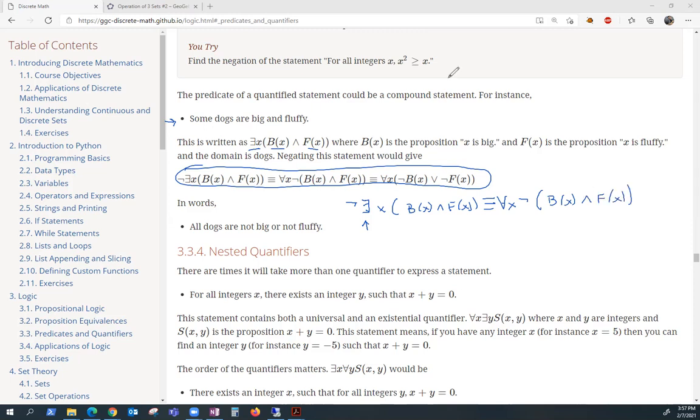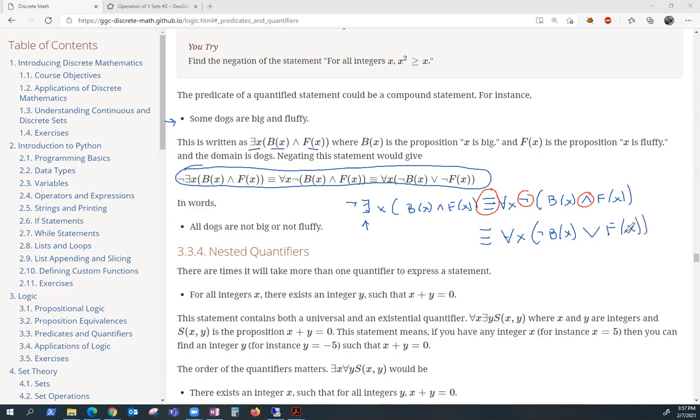This first equivalence comes from DeMorgan's law with quantifiers. Now I have to negate this, but I'm negating an and statement, so I'm going to use DeMorgan's law for propositions. This would be logically equivalent to for all x. So how do you negate an and statement? Well, it turns into an or, and then you negate both parts.